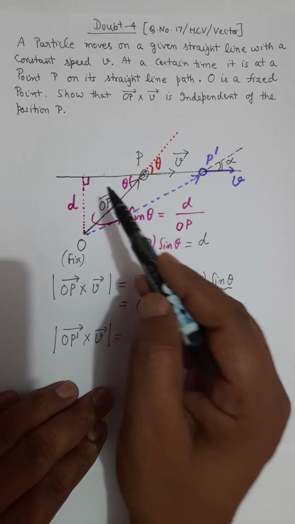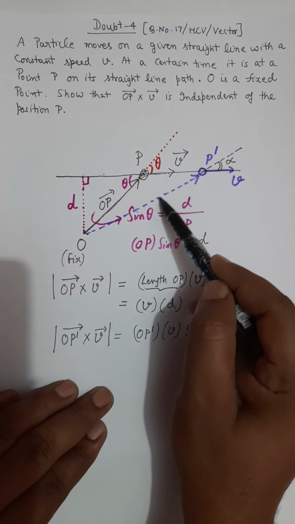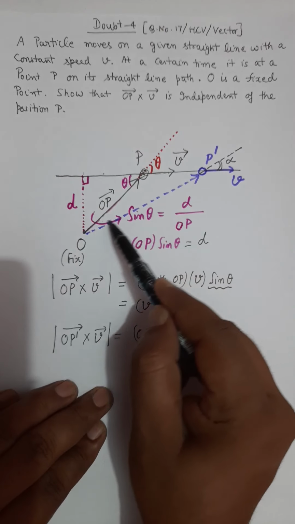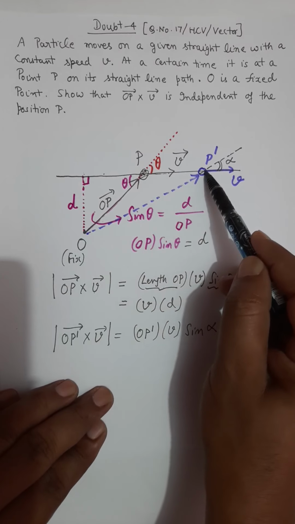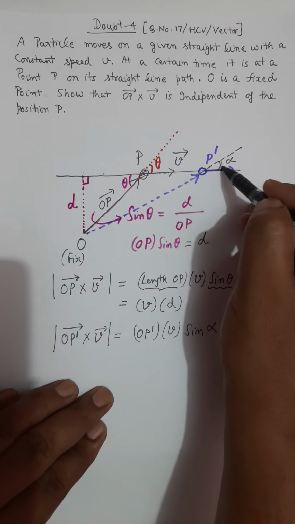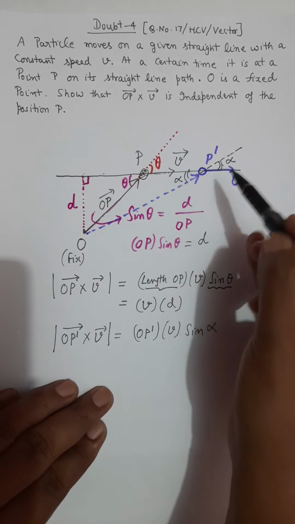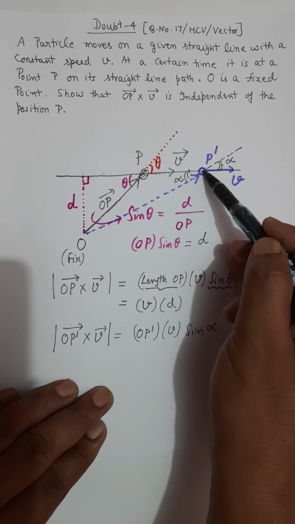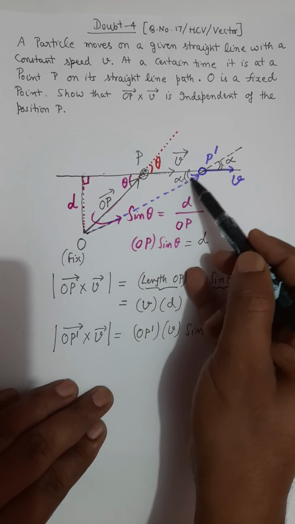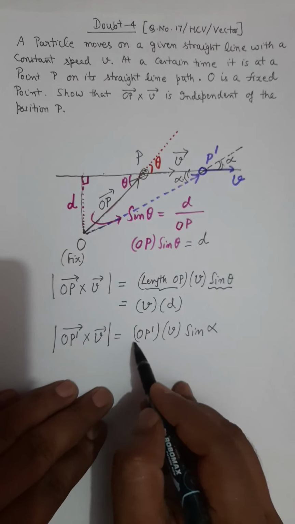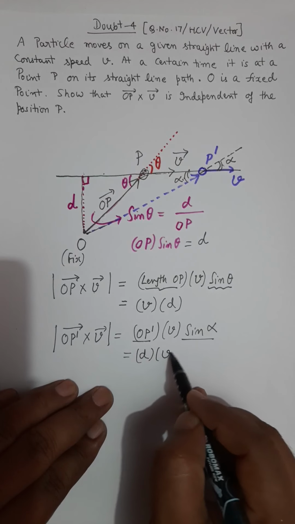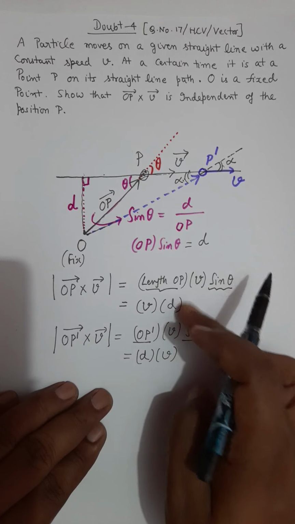But again, if you focus on this right angle triangle, which includes OP dash, this bigger length and this d, the opposite angle will be alpha. If you find sine alpha, then sine alpha equals d over OP dash, and by the same argument OP dash into sine alpha will be d, so the result is d into V. So you can see the result is the same.